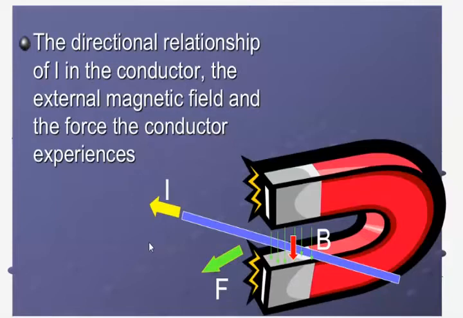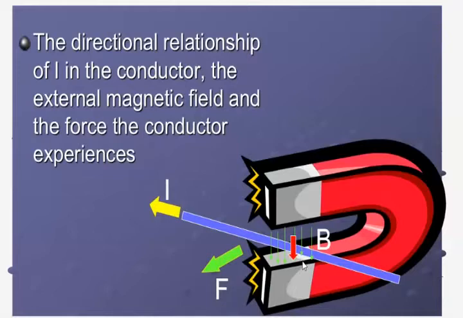Now, if the direction of current is reversed in this conductor, then the direction of force also gets reversed. That will be inwards. Now, if the direction of current is not reversed, but instead we reverse the direction of the magnetic field, that is, place the north pole on the bottom side and the south pole on the top side, then the force gets reversed.